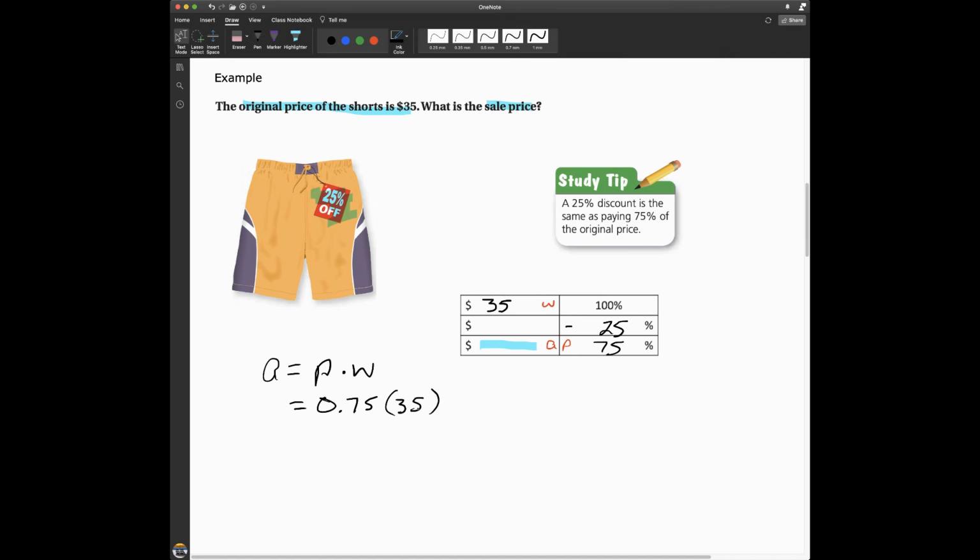So we jump on our calculators and we have 75% times 35, and we get this as our answer, 26.25. Okay, so the sale price, what you are going to pay, is $26.25. All right, let's move on.